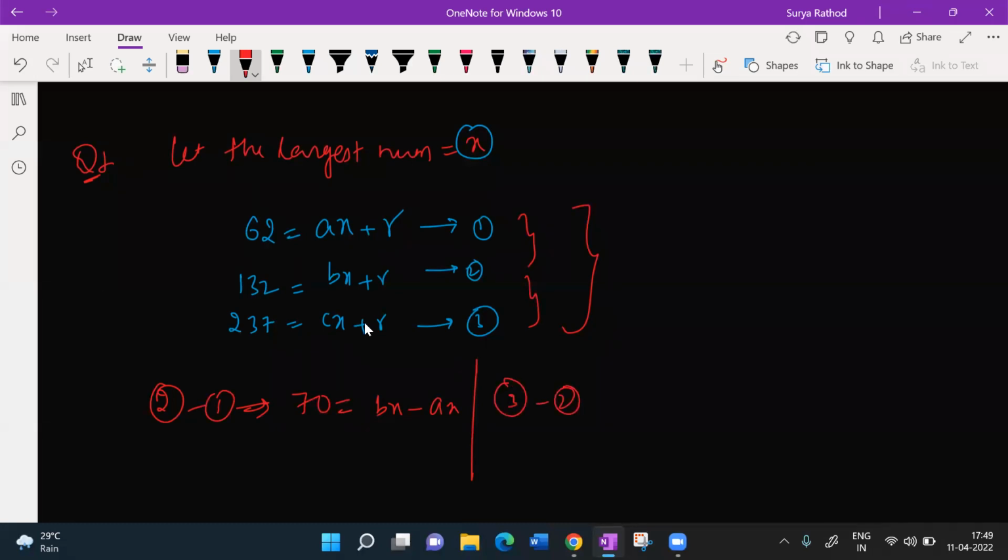3 minus 2. If you do 3 minus 2, what are you going to get? 105. Yes, 105 is equal to cx minus bx. If you do 3 minus 1, what are you going to get? 175, cx minus ax.